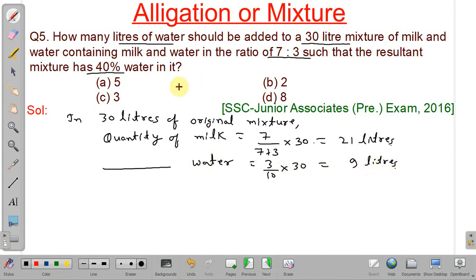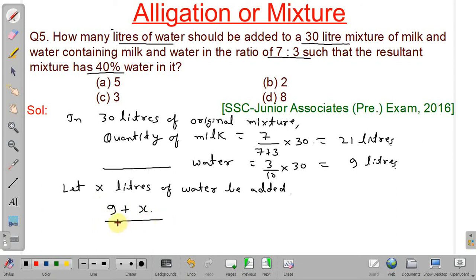Now in the resulting mixture 40% water is there. So we have to find how many liters of water we added. Let x liters of water be added. So in the resulting mixture, the quantity of water will be the initial quantity, that is 9 liters, plus the added quantity, x liters, divided by the quantity of the mixture, which is initially 30 liters, and as water is added, the mixture quantity will also increase by x.